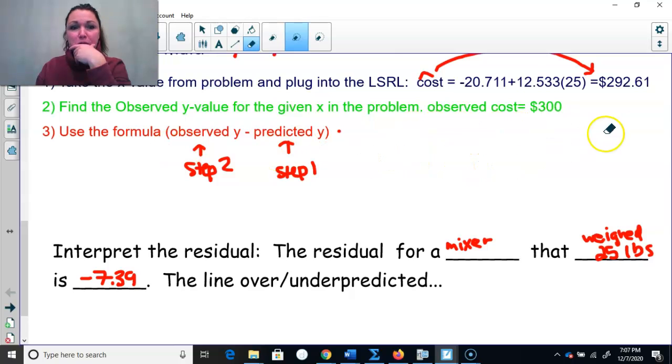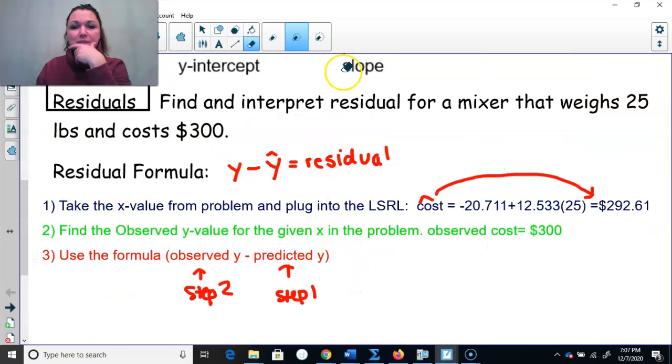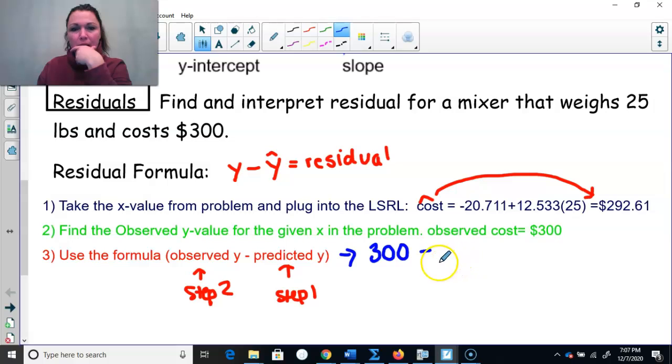We have our step 2, our observed Y, which is $300. Forgive me, I had something wrong there, so to fix it. That's my observed Y, that's step 2, minus my predicted Y. My predicted Y is what happened in step 1, $292.61.